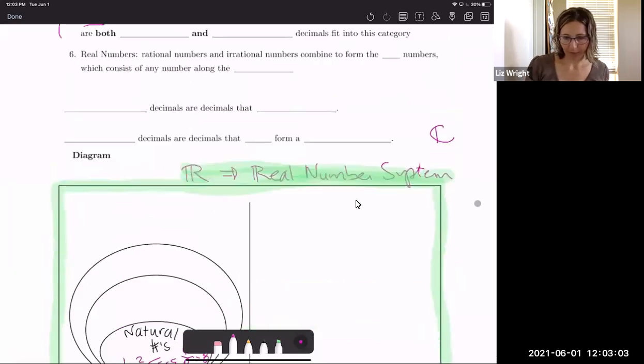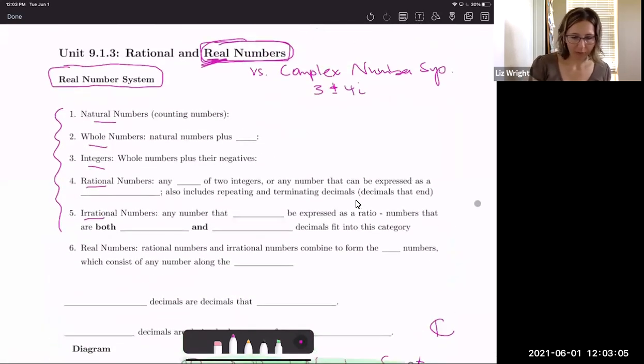So let's come up, and I'm going to fill this in. Natural numbers are our counting numbers. Again, we can fill in some examples. It's going to be 1, 2. It can be 15 over 3. It could be negative 14 over negative 2, because what is that going to be? It's going to be a positive 7. So I want you to think about this: natural numbers are going to be our positive whole numbers.